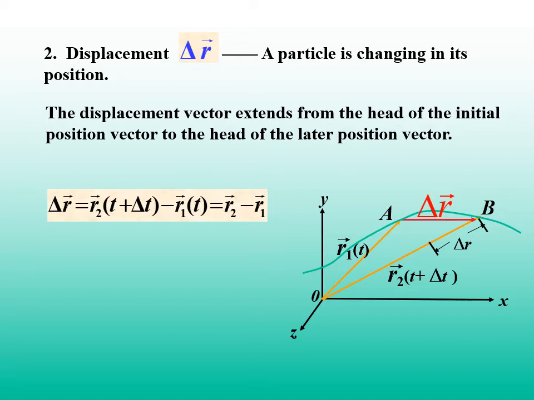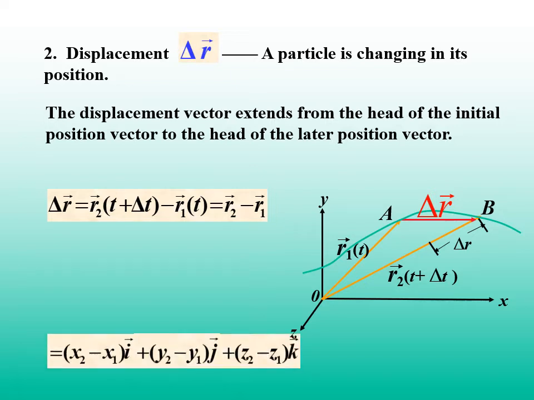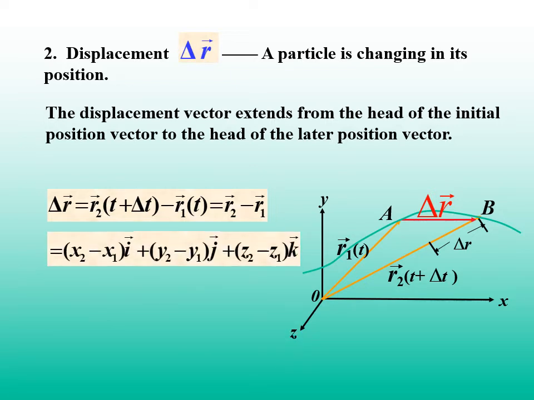This equals (x2 minus x1)i plus (y2 minus y1)j plus (z2 minus z1)k, which equals delta x i plus delta y j plus delta z k, where delta x, delta y, and delta z are components of displacement delta r in the 3 rectangular coordinates.